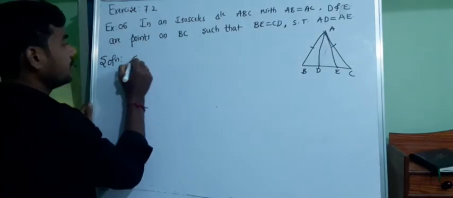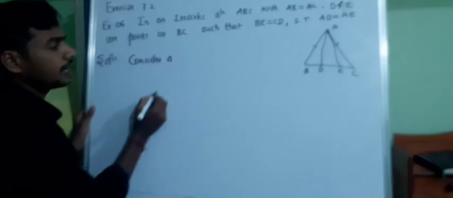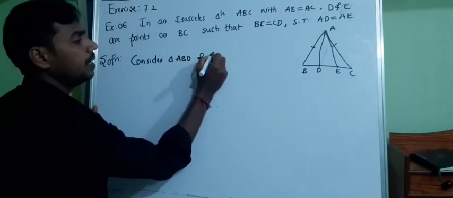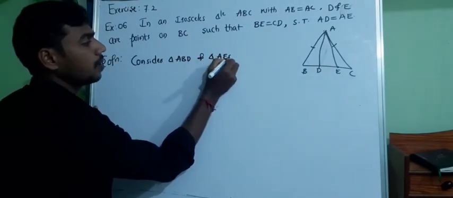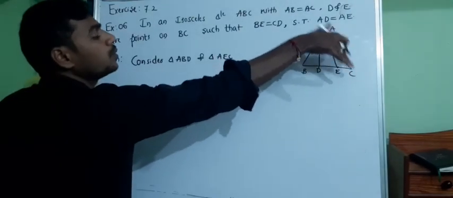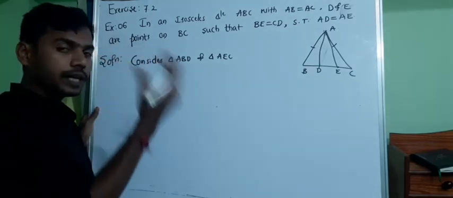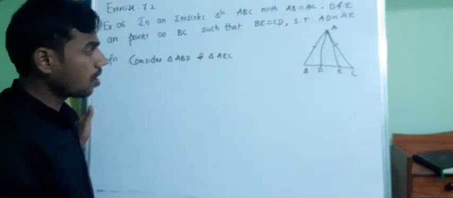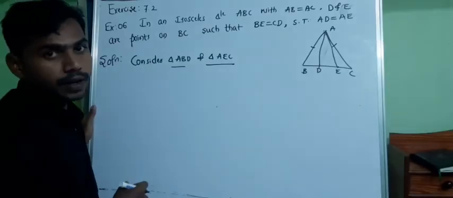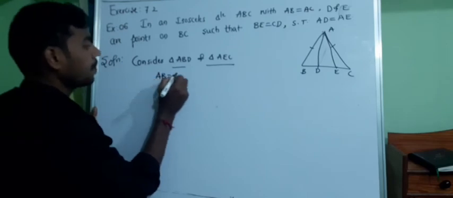That is, consider triangle ABD and triangle AEC. Okay, basic procedure. Before showing the sides are equal, I need to show the two triangles are congruent. For that reason, I have considered these two triangles. So AB is equal to AC. It is given.